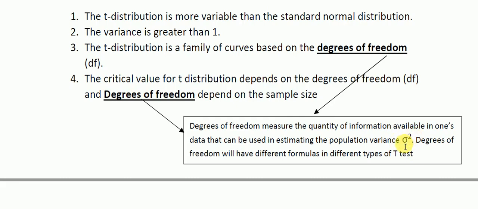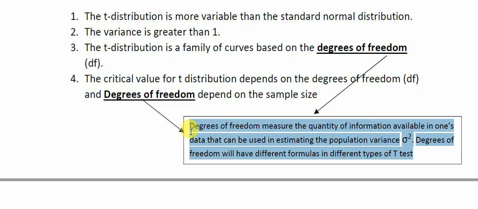So degrees of freedom will have different formulas for different types of t-tests. So basically, even if you don't understand what degrees of freedom is, because it's actually a quite complex concept, there is no need to understand it particularly, but you can explain it in different scenarios using different formulas.